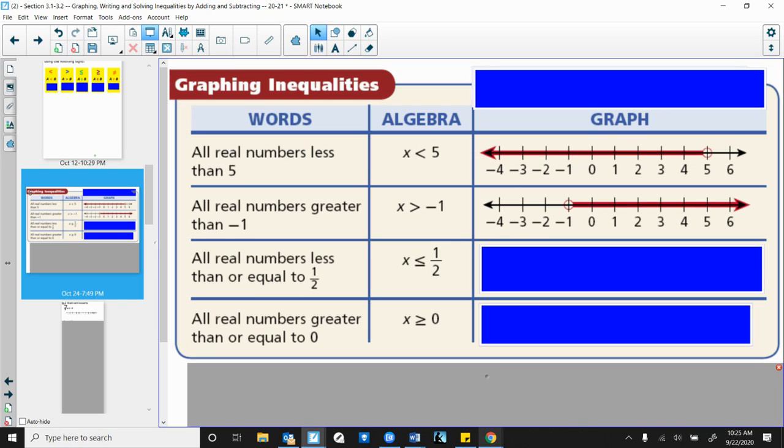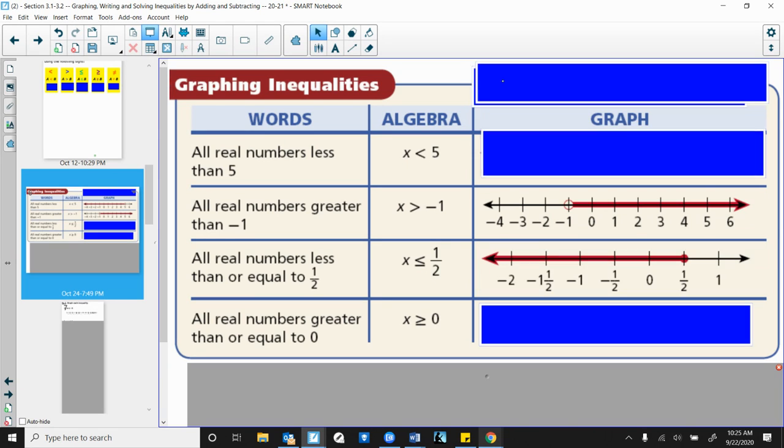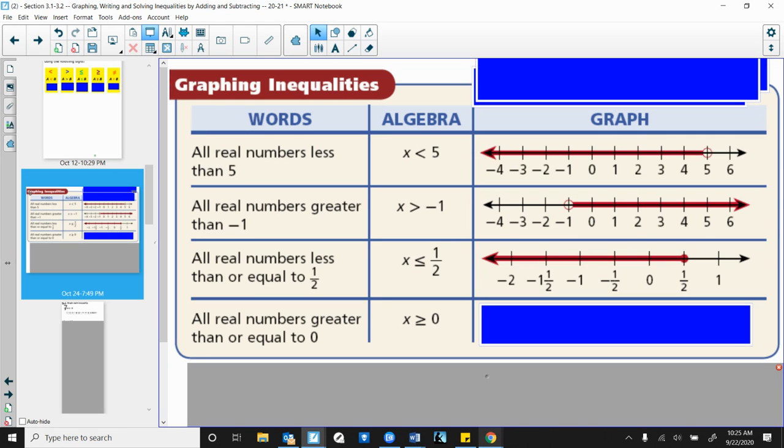Now, Carson, you're going to notice just a slight difference here, and I'm calling on you to notice this. Now I have x is less than or equal to 1/2. So you see, it's less than, so it's pointing to all the values that are less than 1/2. What's the one difference here that you see in the two graphs?